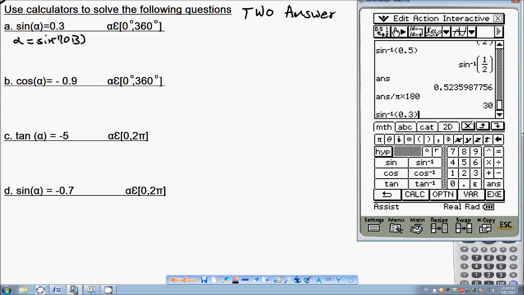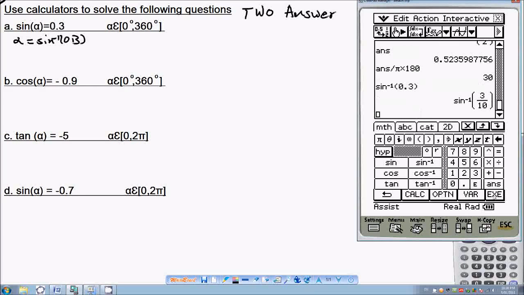You click the button once to change to degrees, click again to change to gradians, and always leave it in radians. That's what I recommend.